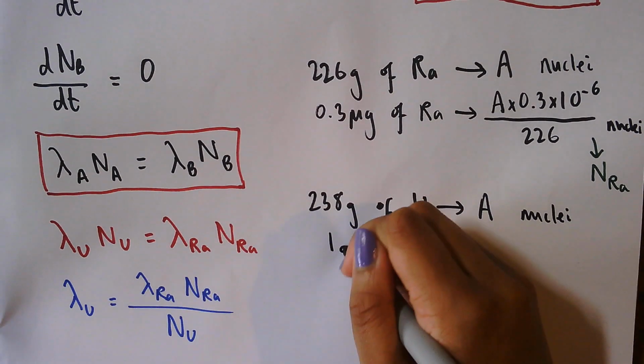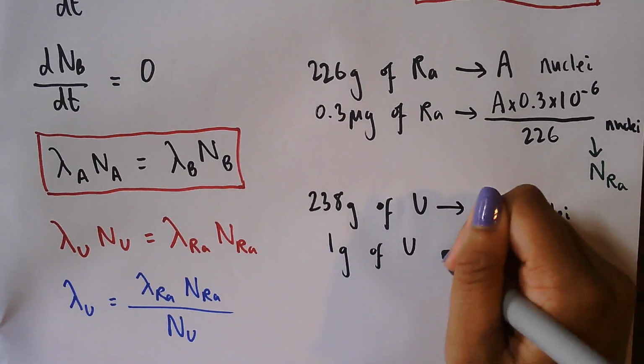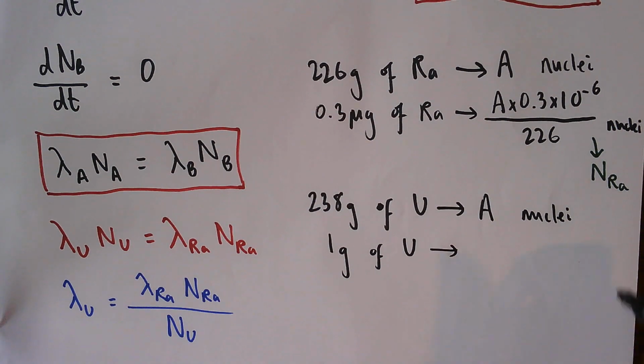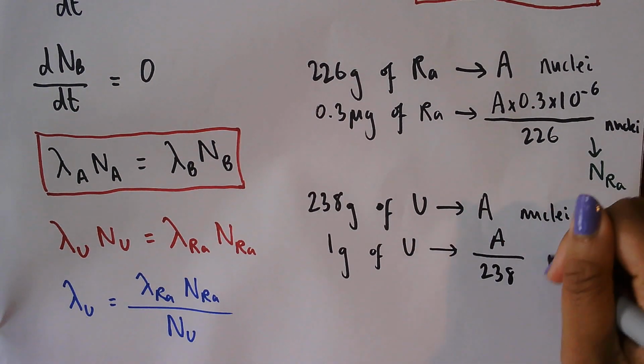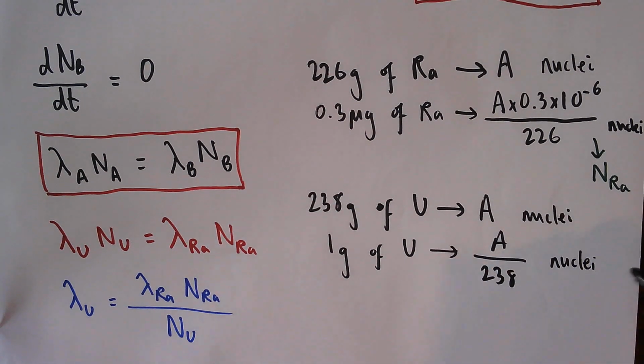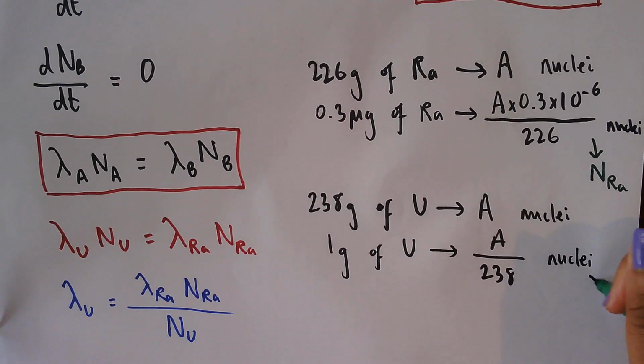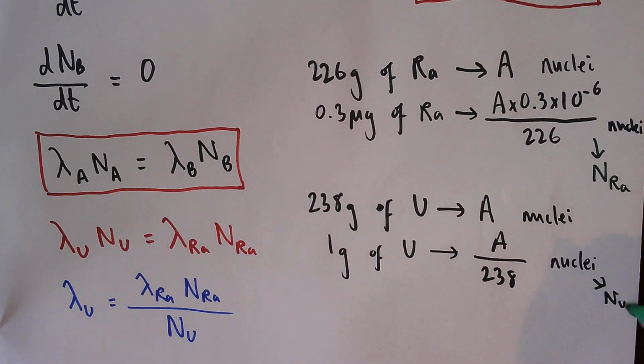So 1 gram of uranium will contain A over 238 nuclei. So that's the value of N U.